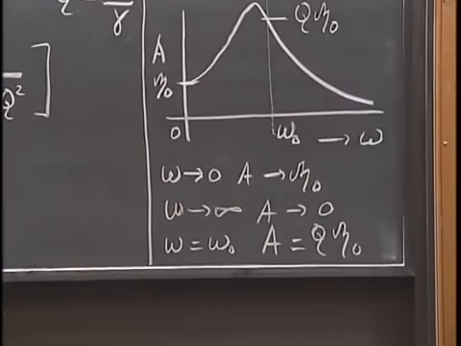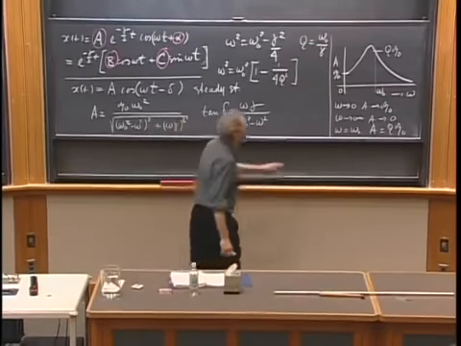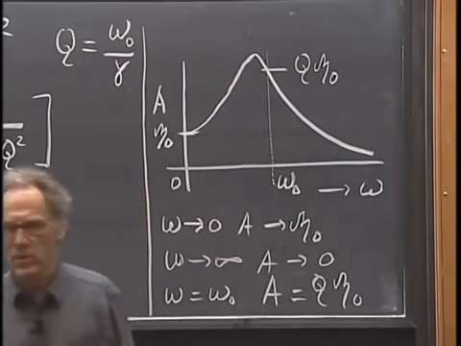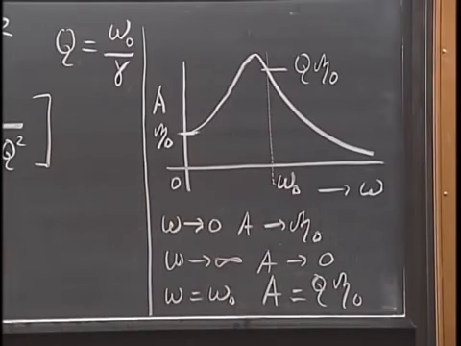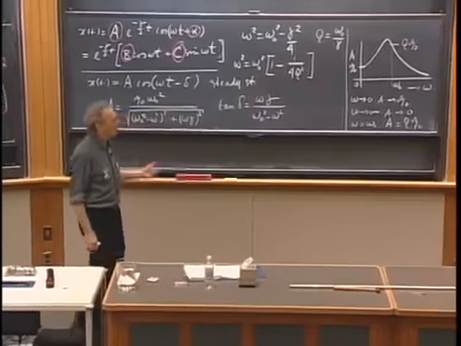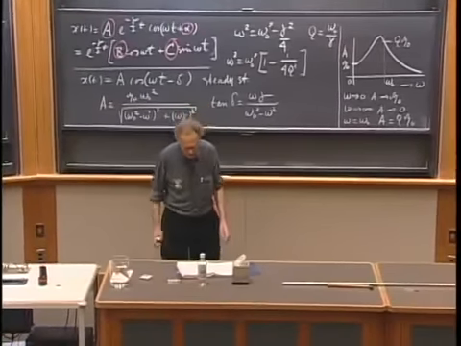And we discussed before, I'll never make too much of a deal out of that the actual maximum of this curve is not at omega 0, but is always a little lower. That is really more of an algebraic interest than of physical interest, because if gamma is low, if Q is high, the two almost coincide.